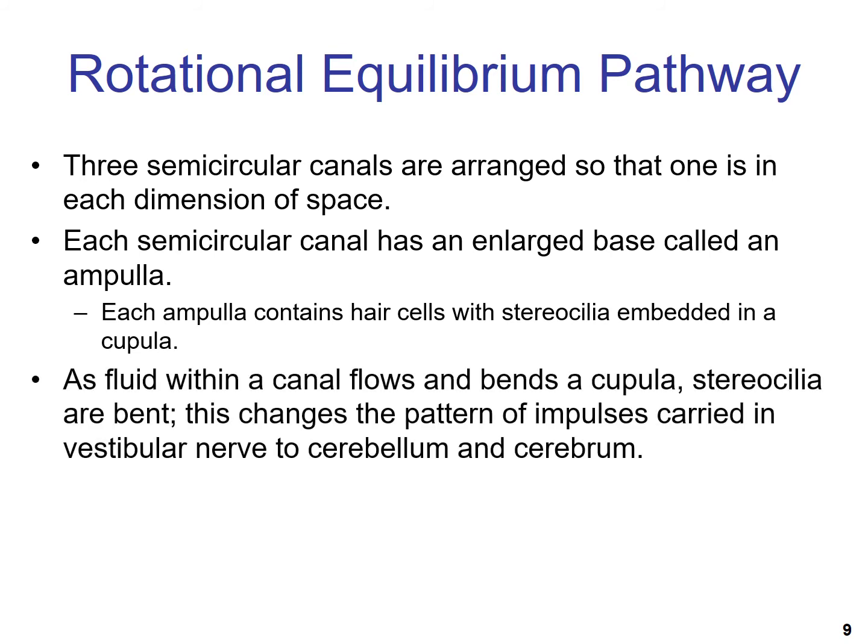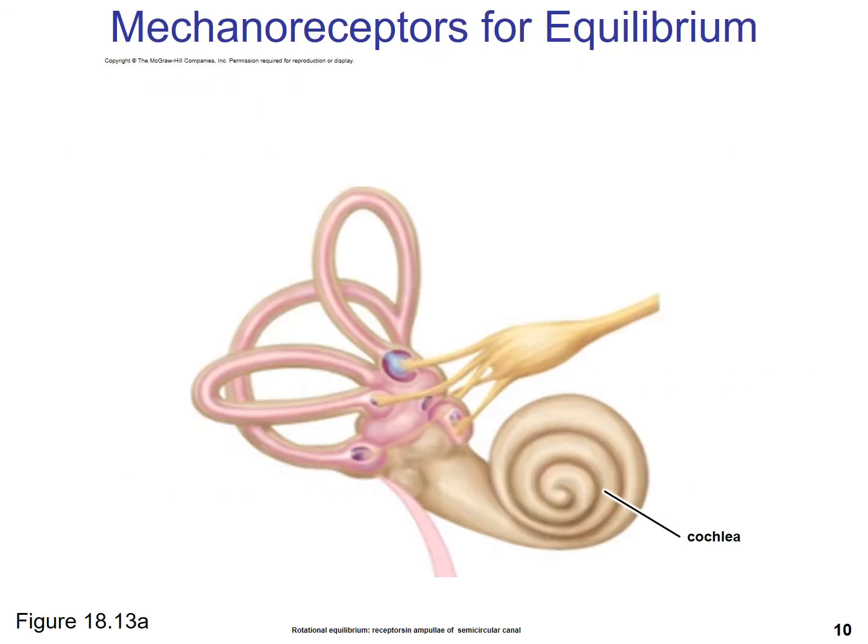So as fluid within these canals flows and bends a cupula, the stereocilia within it are bent, and this changes the pattern of impulses that are carried in the vestibular nerve to the cerebellum and to the cerebrum. And the brain uses this information to make possible corrections.